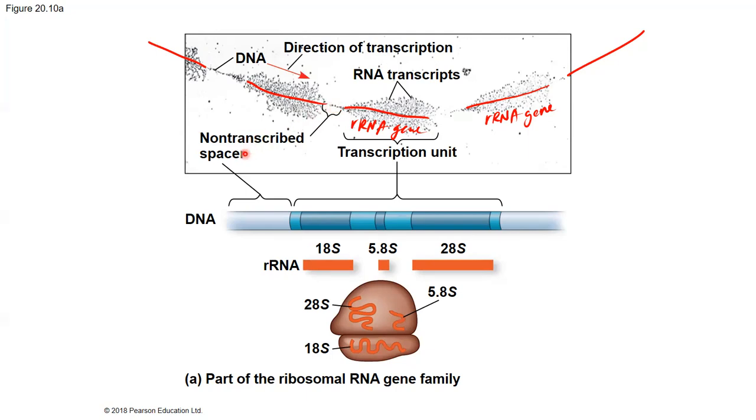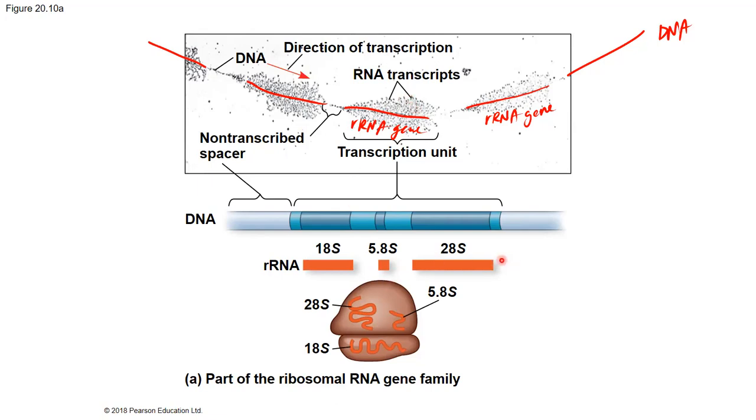This is the non-transcribed spacer. This is the microscopic image of the rRNA genes, DNA. And here we can see very active transcription, because we see the transcripts being generated.